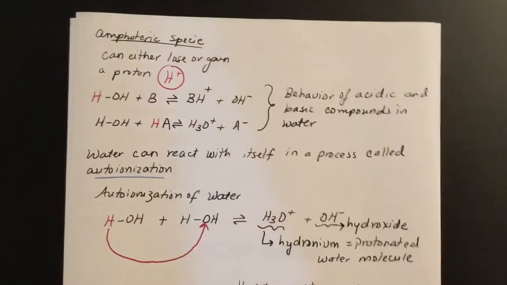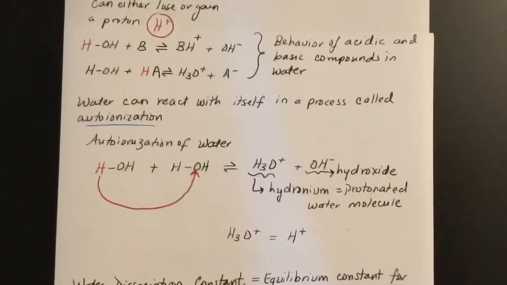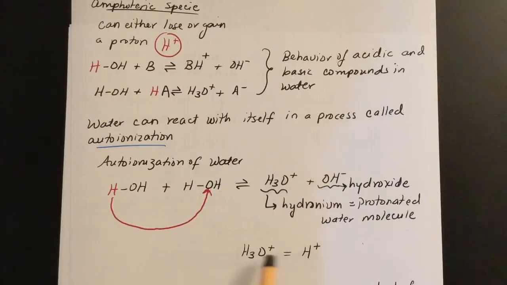Since H3O plus is just a water molecule gaining a proton, you will see that we can interchange these two. When we're referring to something that is acidic, we're going to be looking at the amount of this one in solution, which is the same as the number of water molecules that are being protonated.